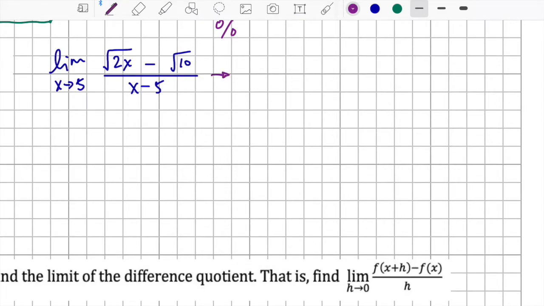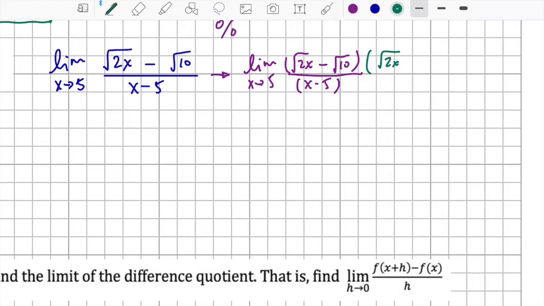So since I see radicals, I'm going to multiply the numerator and denominator by the conjugate of the numerator. So the numerator is this, square root of 2x minus square root of 10, and then the denominator is just x minus 5. I'm going to multiply by the conjugate.